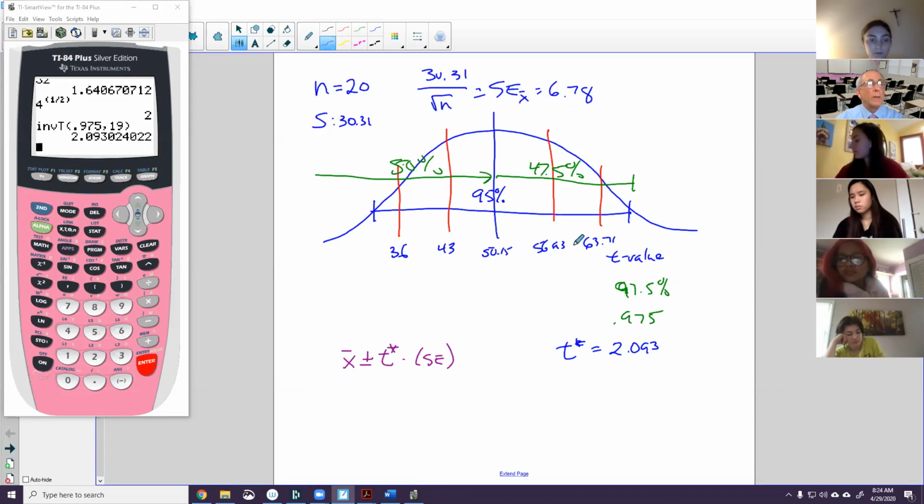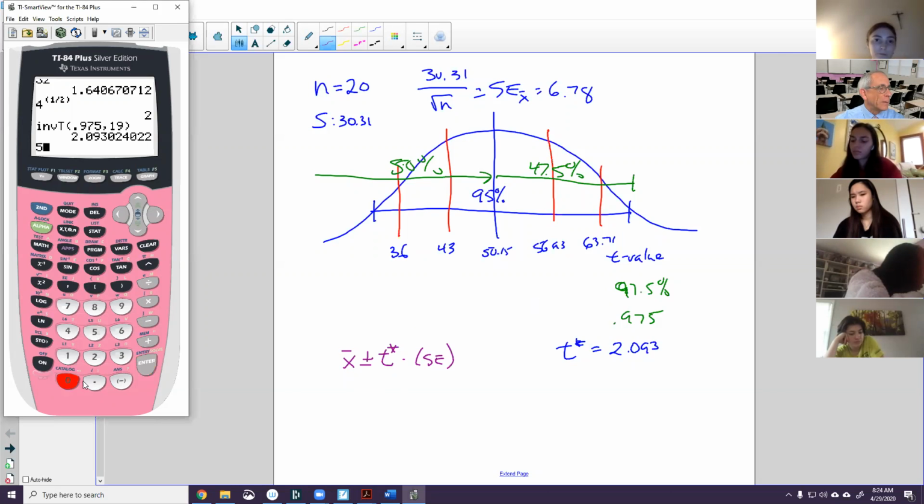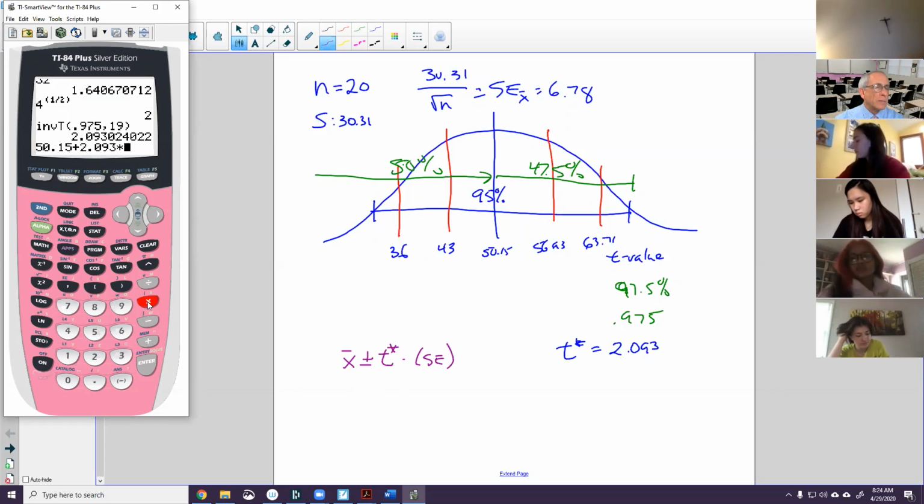It's going to tell me what number that is over here. So I have 50.15 plus 2.093 times my standard error, which is 6.78.